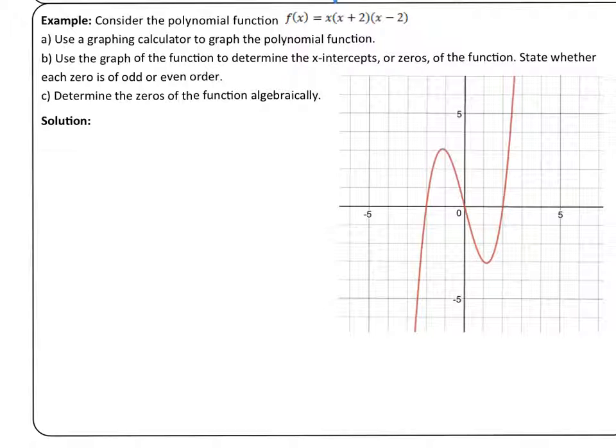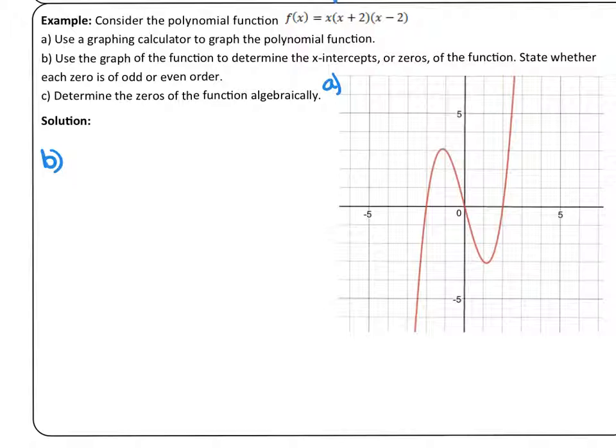You can do it as well if you want. So there it is, I've graphed it for you. This is part A. For part B, use the graph of the function to determine the x-intercepts or zeros of the function. State whether each zero is of odd or even order.